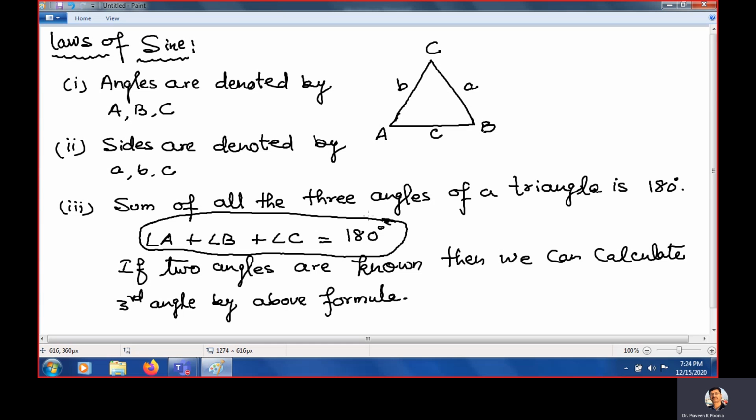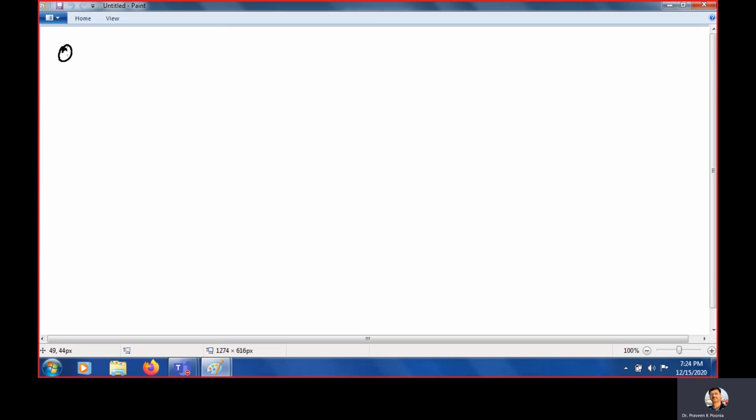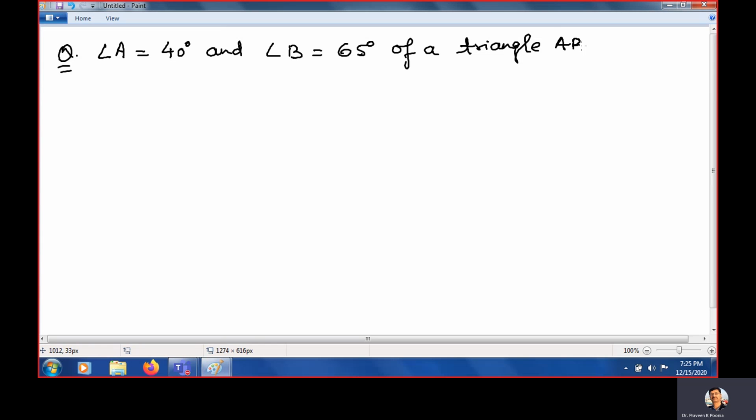If I write the question asked in the exam: angle A is equal to, say, 40 degrees and angle B is equal to, say, 65 degrees of a triangle ABC. Find the value of angle C. So how do we do it?